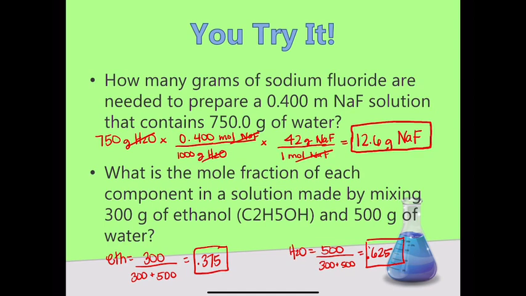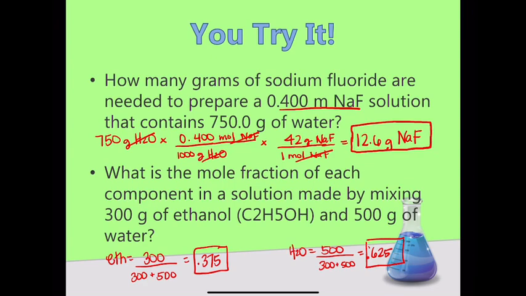The first one, you start with those grams of water, so 750 grams of water, and then we're going to multiply by the molality of sodium fluoride. So remember, molality is if it's 0.400 molal, then that means it's 0.4 moles per 1,000 grams or 1 kilogram of water. And so that's what I've done there.